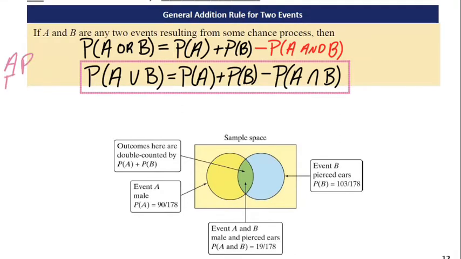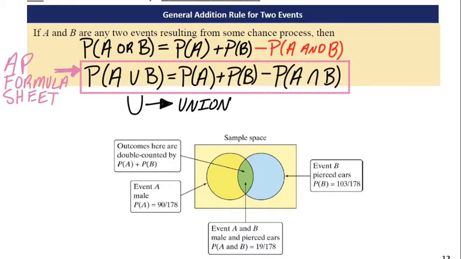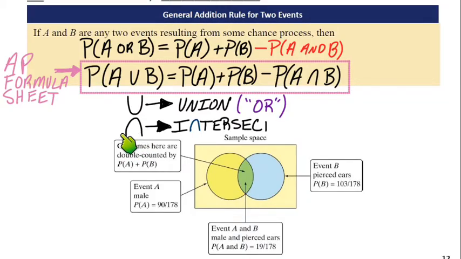So that's the one that you'll see on the AP formula sheet. They mean the exact same thing, just written in different notation. Remember, U is union, which is the or statement, and the upside down U is the intersection, which is the and statement.